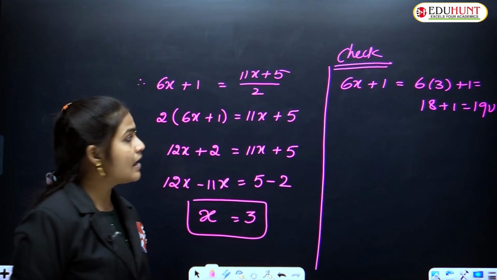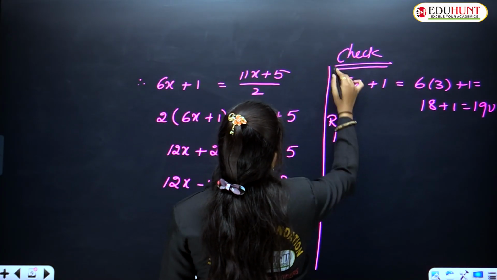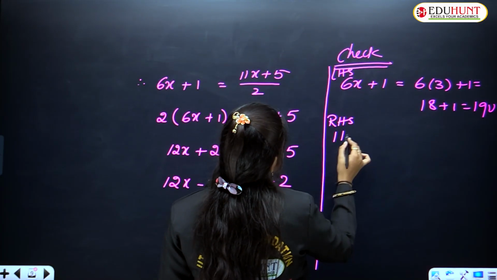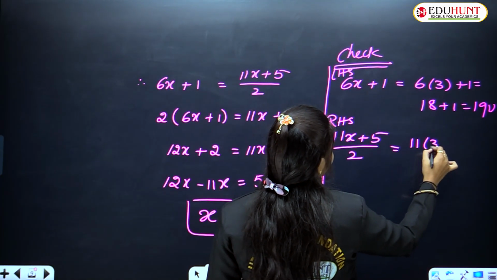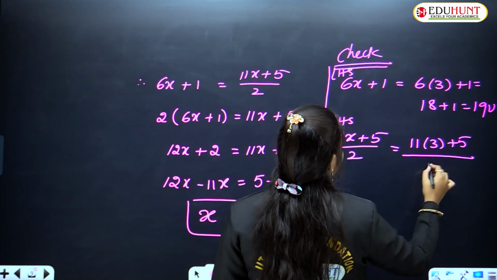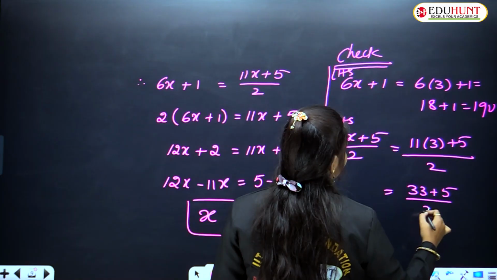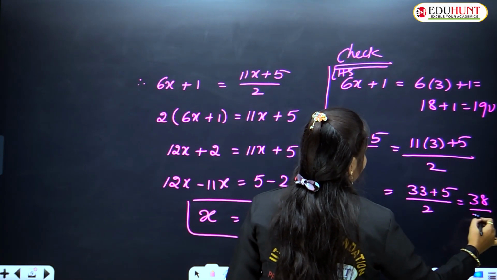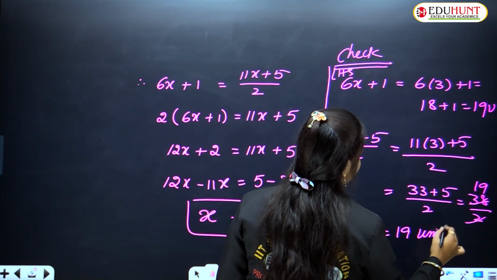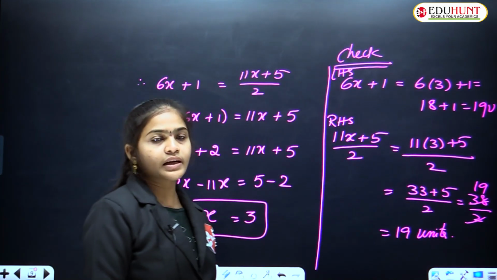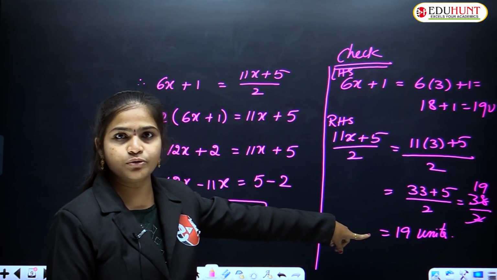Now come to the RHS, 11x plus 5 by 2, which is 11 into 3 plus 5 by 2. 11 threes are 33 plus 5 is 38 by 2, which is 19. Finally, here also we got 19 units, so both sides have the same measurement.